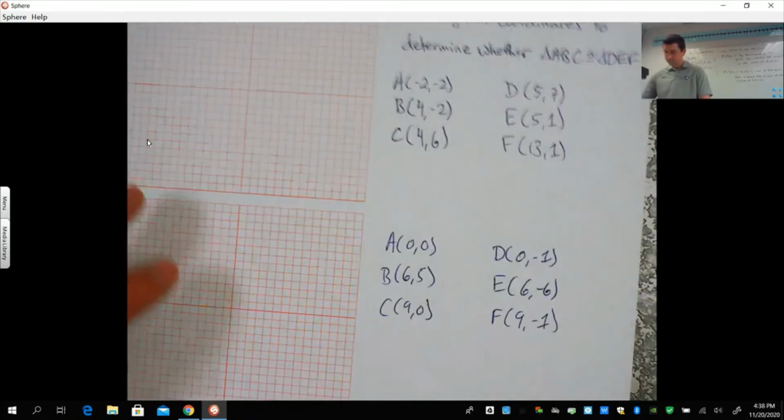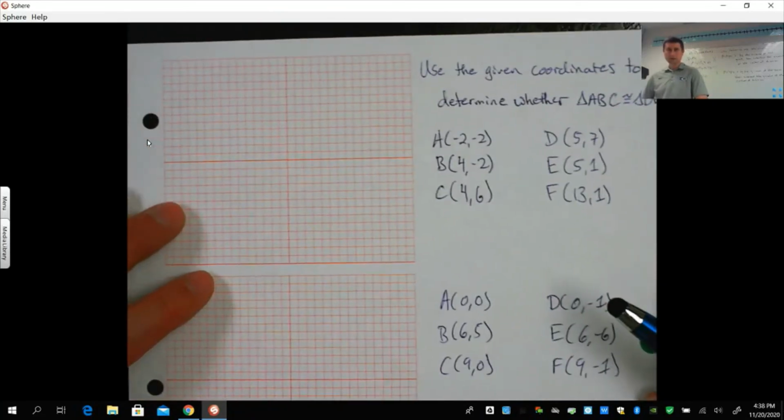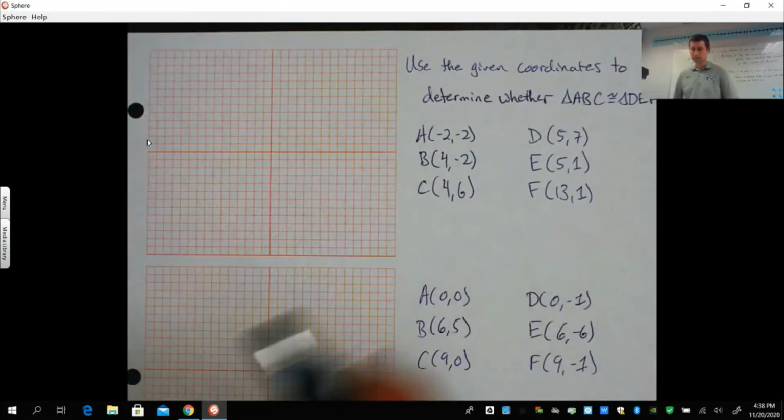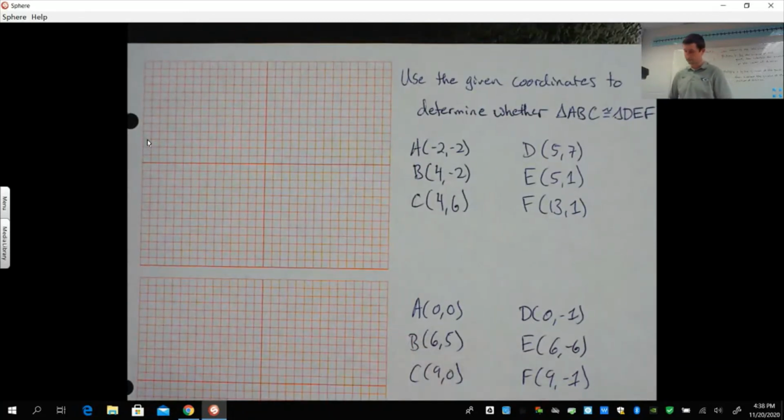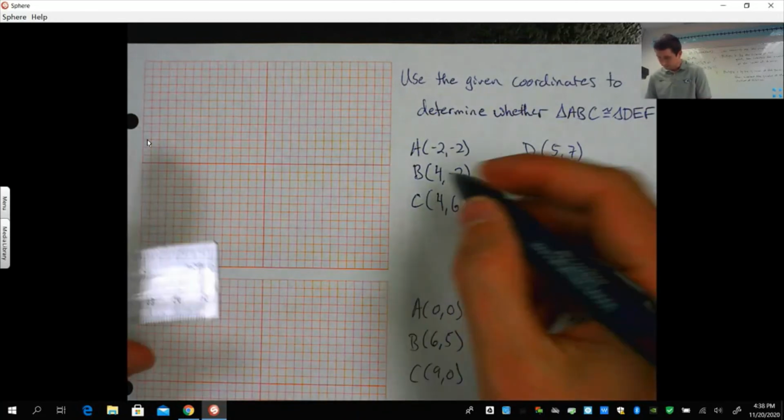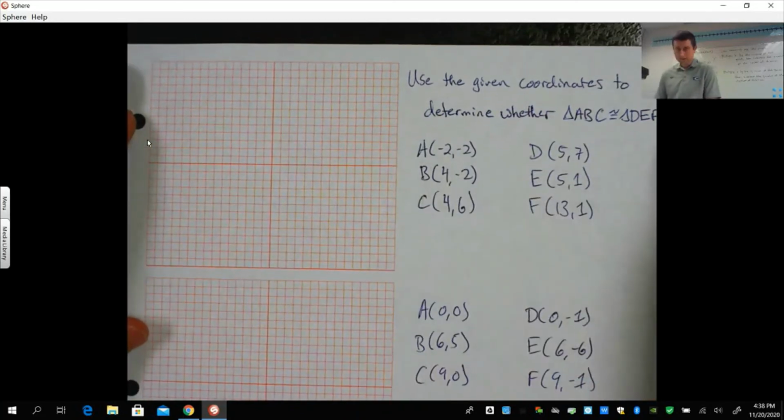Okay, the final set of questions. Use the given coordinates to determine whether triangle ABC is congruent to triangle DEF. So we're going to put our coordinates on here. Go ahead and pause and get that written down.